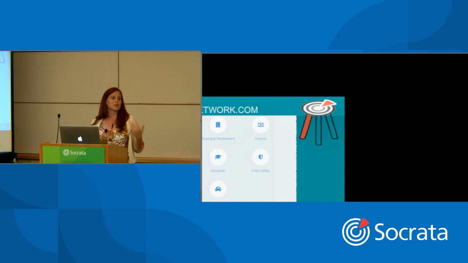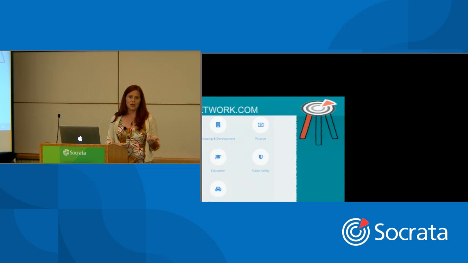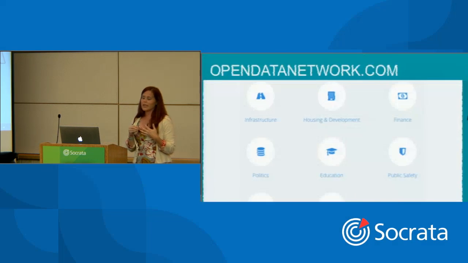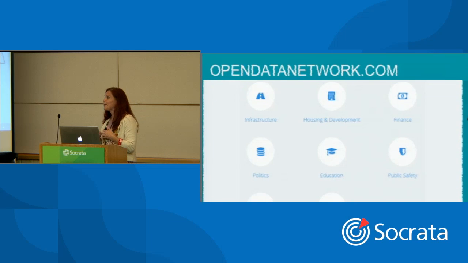What does this do? It's an online open data catalog that is effectively a multi-tenant solution. It is everybody's data all together, with the ability to discover, explore and visualize those combined data sets, the data sets that you're finding that cross different sectors. This is already very well populated.